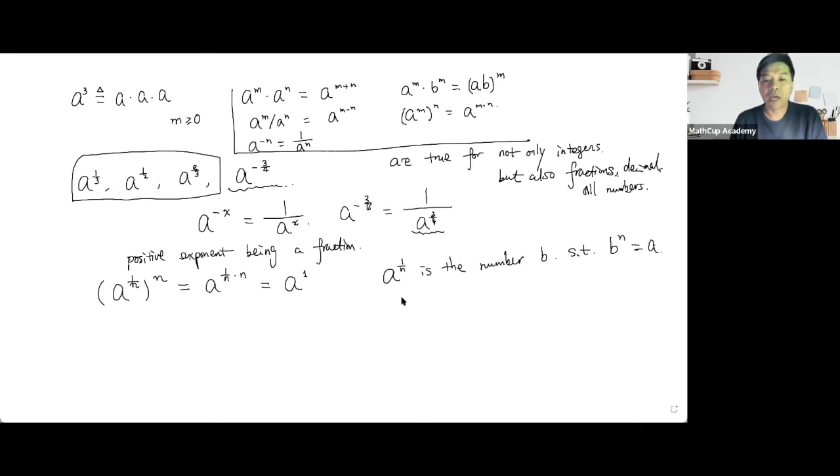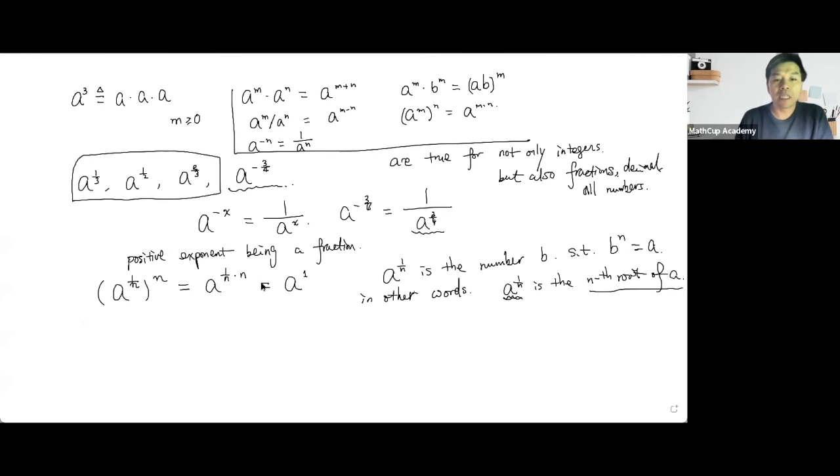In other words, a to the power 1/n is the nth root of a. So a to the power 1/n is the number such that if I raise it to the power n, it equals a. That's called the nth root of a. You can just read a to the 1/n as the nth root of a.